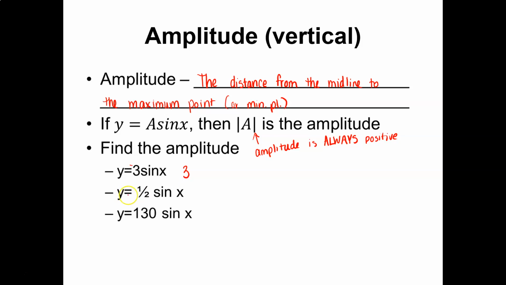And so the amplitude for y equals 1/2 sine x is 1/2. And the amplitude for 1/30 sine x is 1/30. And this would be the same if those were cosines instead of sines. They all work the same. So amplitude, most students usually feel, is the easiest thing to find from a trig equation. It's just going to be that number in front of your sine or cosine.